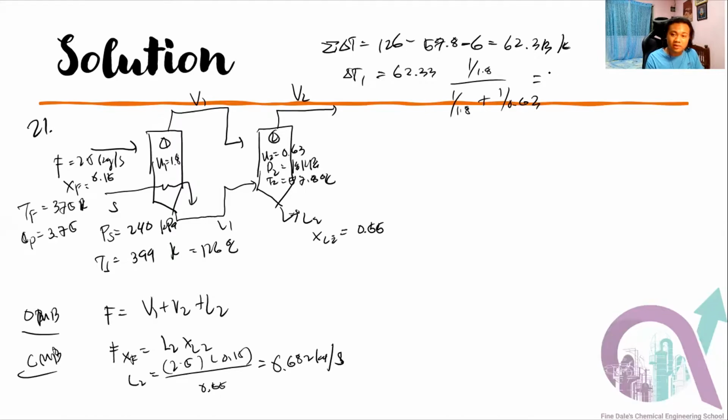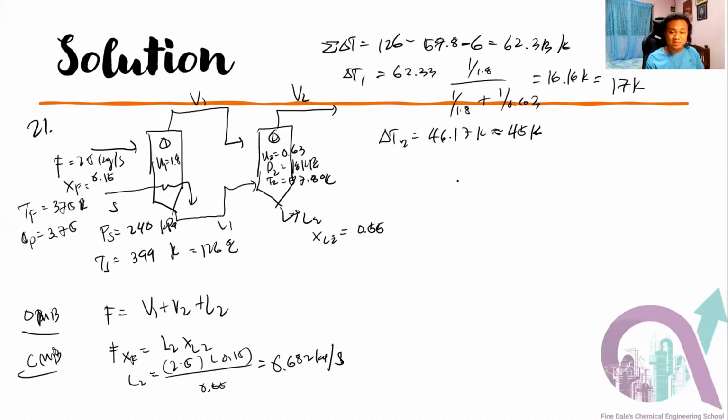So we have 16.16 K, but in Coulson, he rounded this to 17 Kelvin, and also for T2 you will get 46.7 K, but he rounded this down to 45. I don't know why.